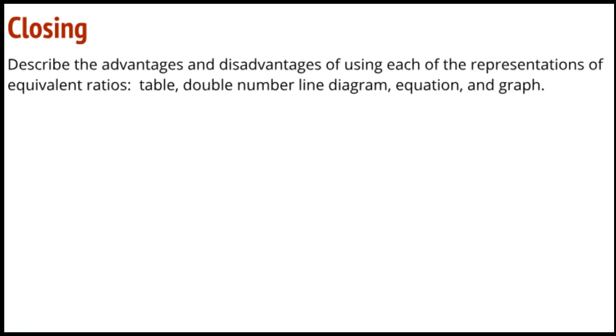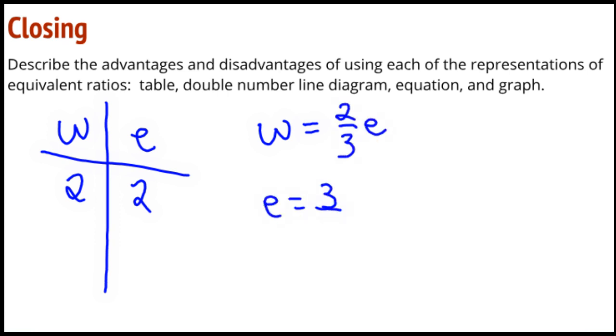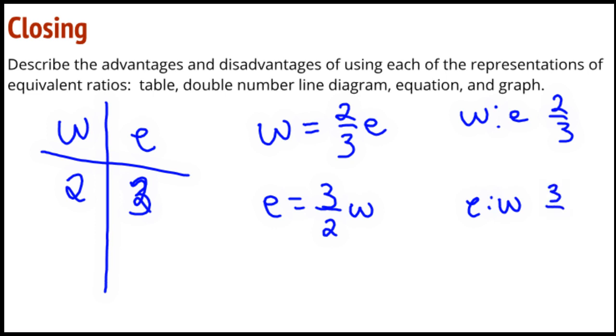Equations are so nice because they just give you something, you substitute a number in and you perform the operation. Water and eggs, 2 to 3. The water is 2/3 of the eggs. The eggs are 3/2 of the water, and I'm using the value of the ratios here. Water to eggs is 2/3. Eggs to water is 3/2.